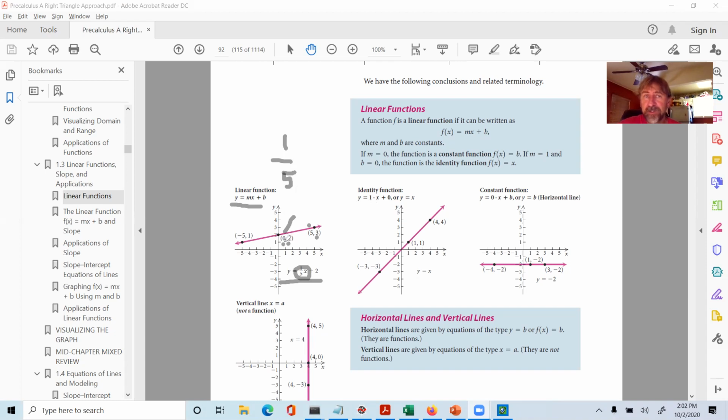If I know this point (0, 2), I rise up 1. So my y value went from 2 to 3, right, 2 plus 1 is 3, and my x value was 0 originally, and I'm going to add 5 to it to get my other x value. So fractional slopes are actually kind of nice because when you think rise and run, you can calculate the next point immediately when you know the slope.